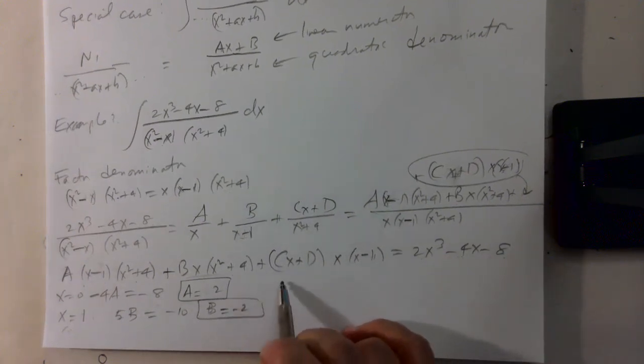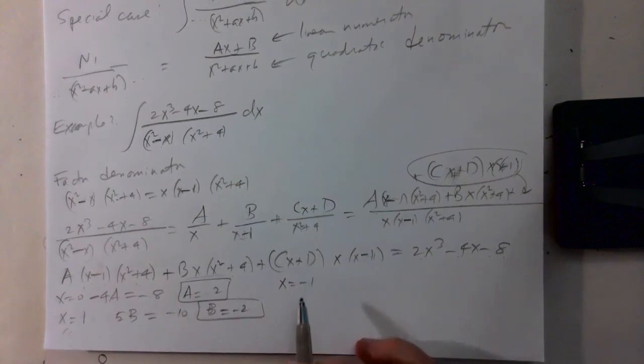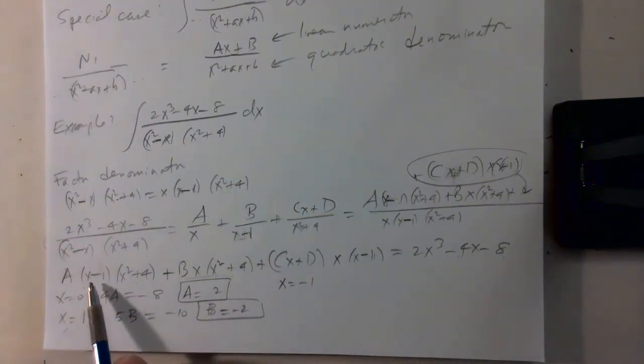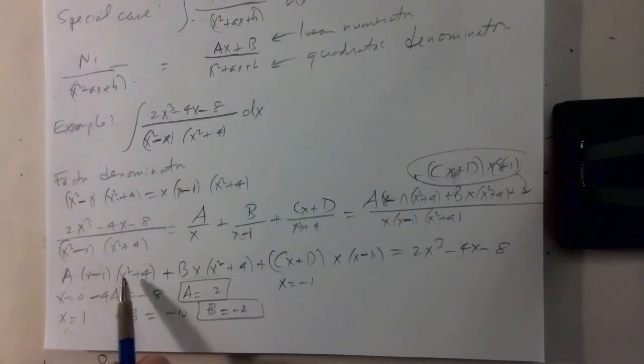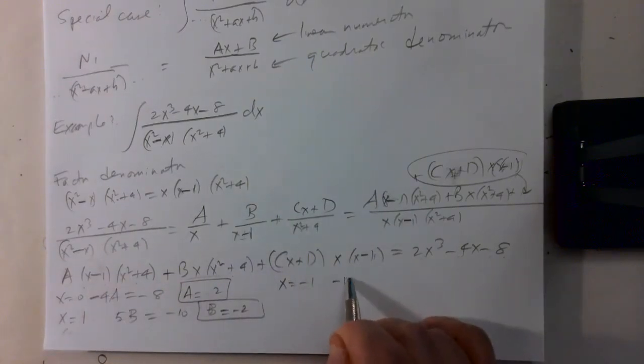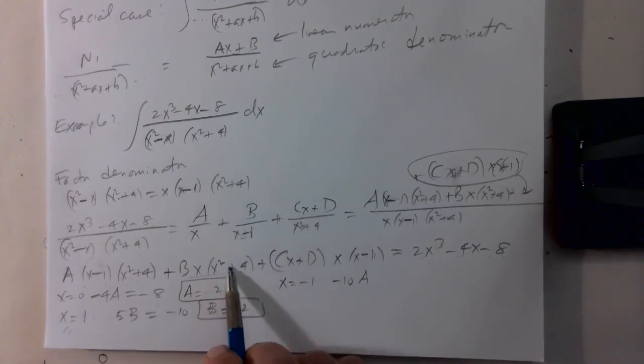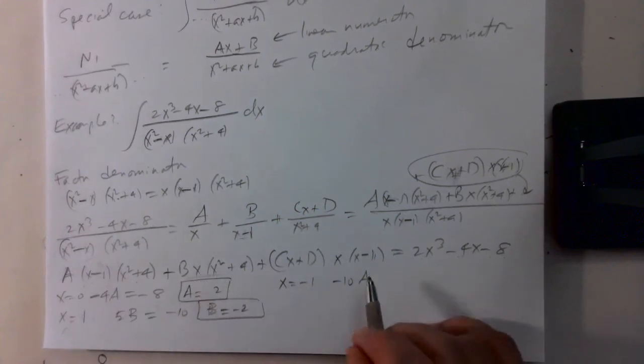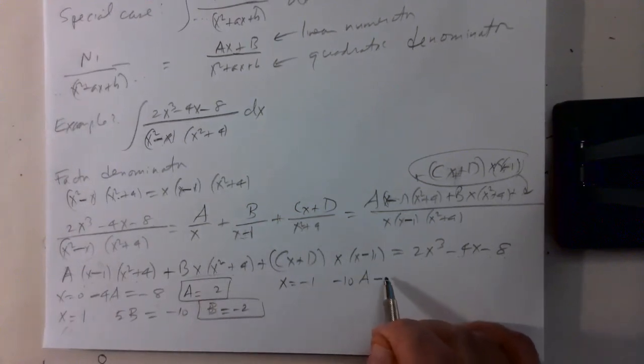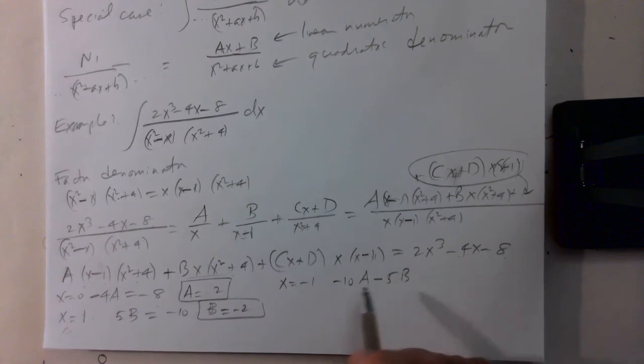Suppose I let x equal minus 1. If x is minus 1, I get minus 2 times 5 minus 10a. Minus 1 is minus 5b.